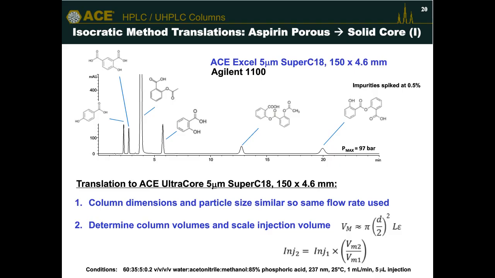So it's still the same dimensions, still the same particle size. It's just the actual particles within the column are now solid core instead of fully porous. So in terms of the method translation, we don't need to change the flow rate because we still have a 5 micron 150 by 4.6 column, but we do actually need to scale the injection volume because our solid core column has slightly lower column volume than our fully porous column.